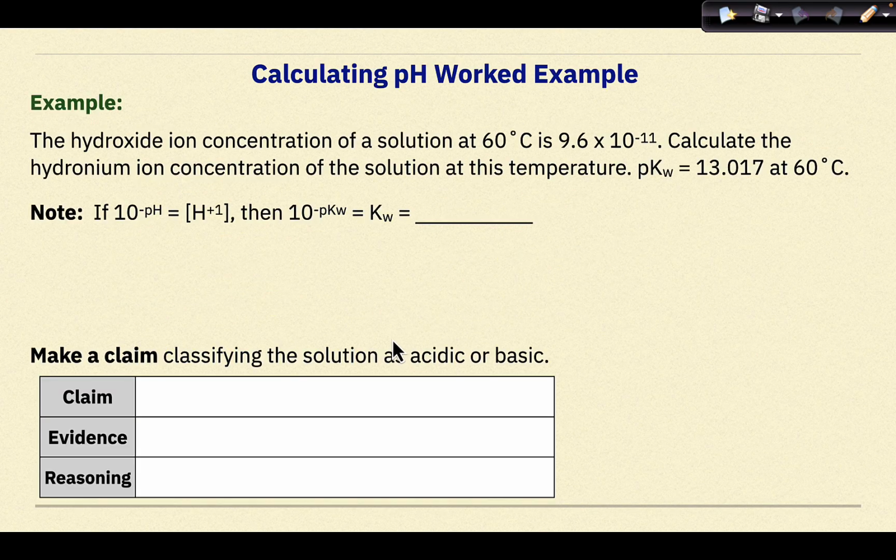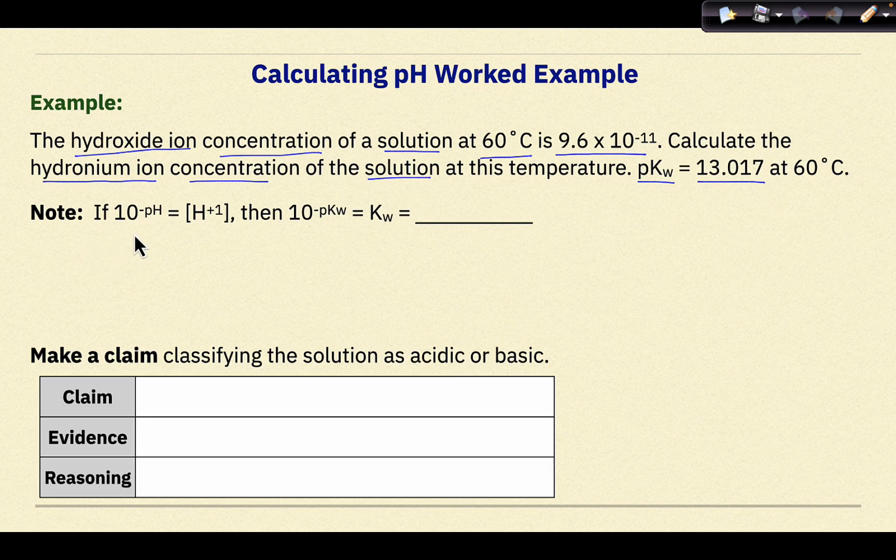Let's do another example. The hydroxide ion concentration of a solution at 60 degrees Celsius is 9.6 times 10 to the negative 11. Calculate the hydronium ion concentration of the solution at this temperature. The pKw is equal to 13.017 at 60 degrees Celsius.